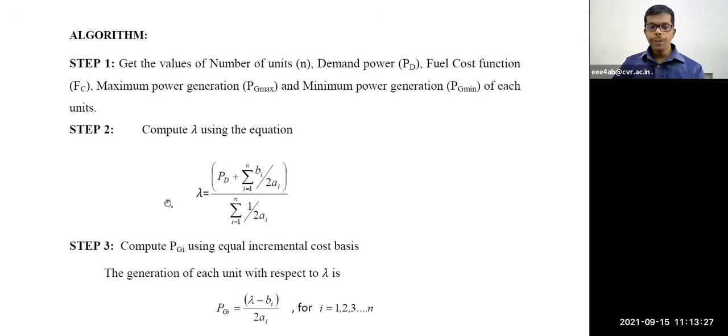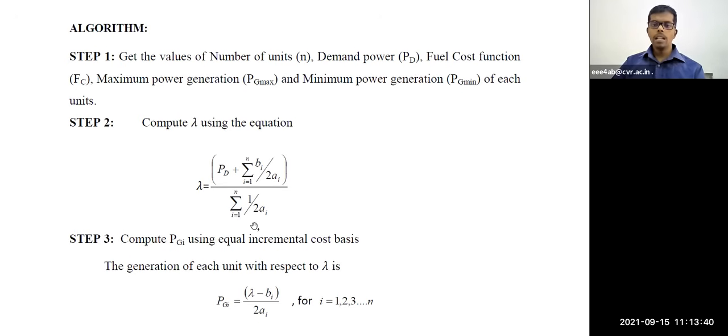You need to do this very carefully. Sometimes by mistake, if you calculate for all 3 generating units, the lambda value will come out different, and if you solve the problem again it will not satisfy again.